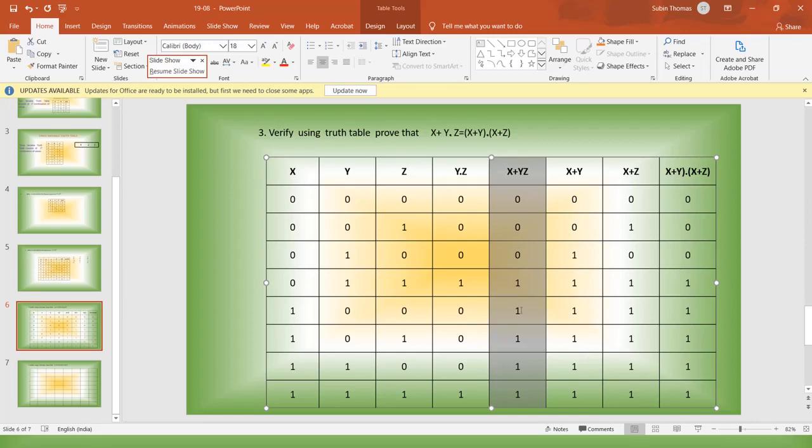That means you have to write from the above truth table, we can say x plus y z equal to x plus y and x plus z. So that is all about that verification.